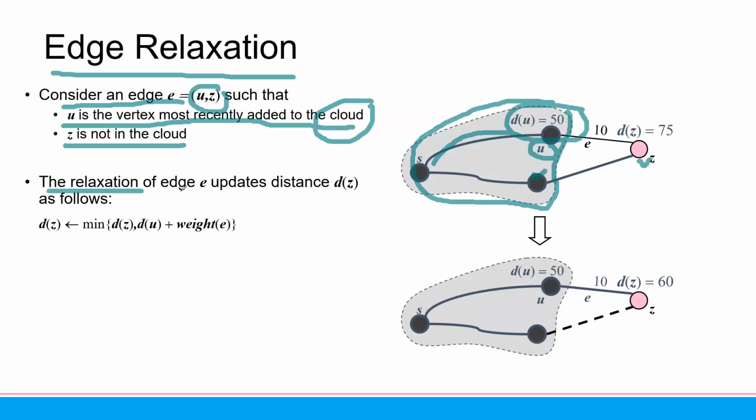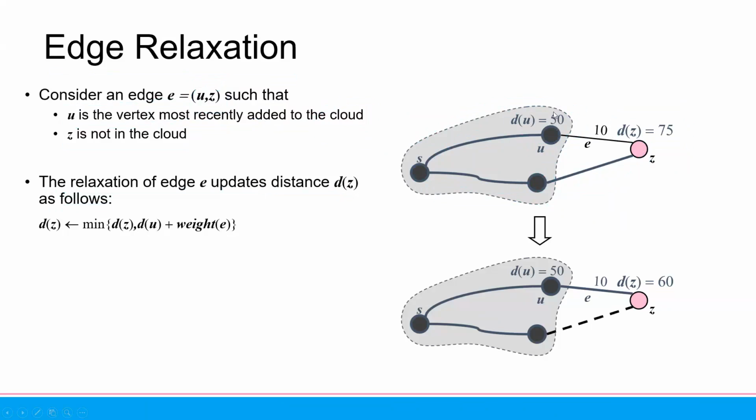So the relaxation of e updates the distance d(z). The current d(z) is 75. How can we get this 75? We can get from s, maybe from this to this one is 75. But if we look at this node, the current distance of u is 50 from s, and then this edge shows 10.